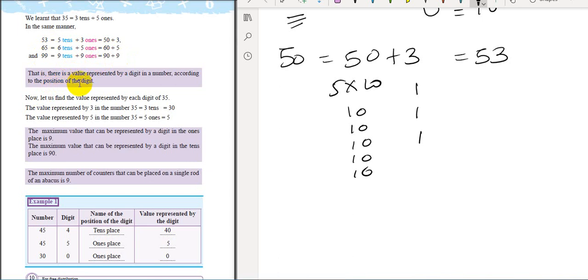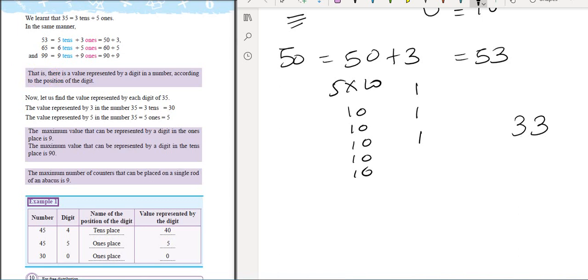That is, the place value is the value represented by a digit in a number according to the position of the digit. Okay. If there's one digit, there's only one place value, here. So this is 3. If you put 2 digits, the value is represented by the position of the digit in this number.